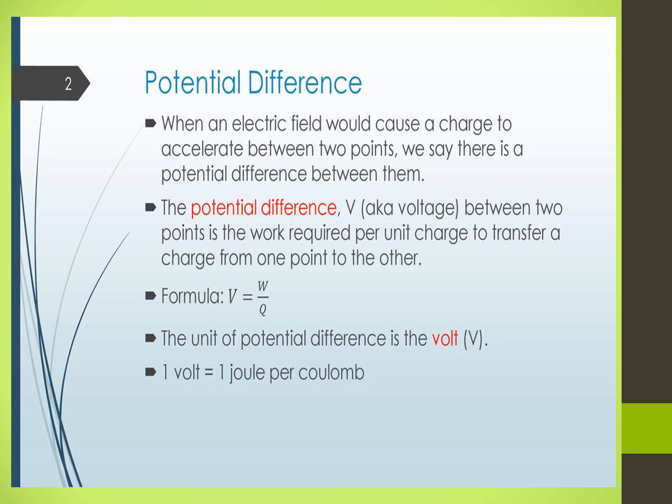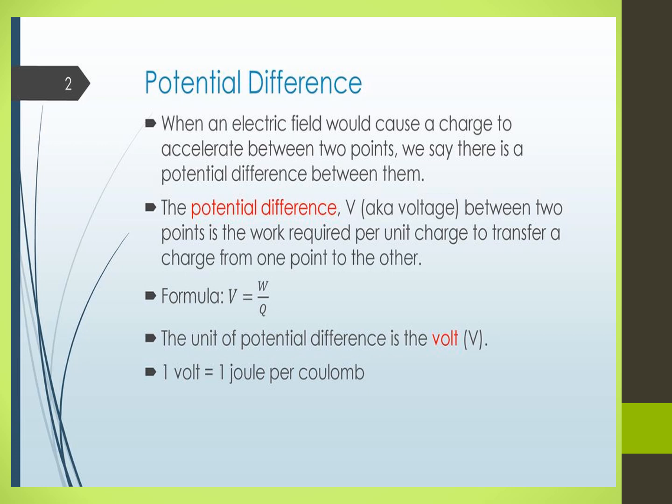That answer is 250 volt. 5 multiplied 10 power 6 divided by 2 multiplied 10 power 4 coulomb, the answer is 250 volt. Okay. What is the potential difference?